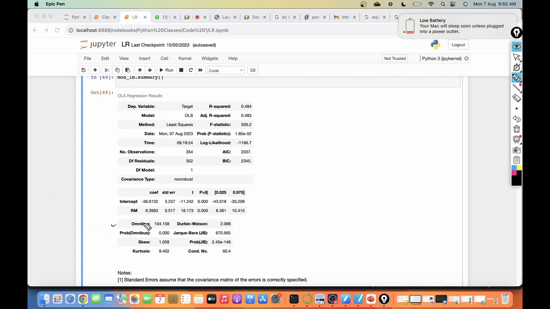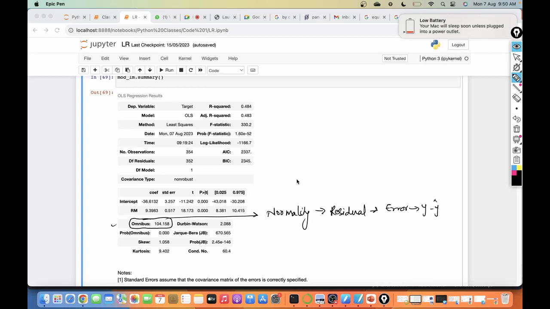Omnibus tells us about the normality of the residuals. What is a residual? Residual is the error. Error means y minus y cap.